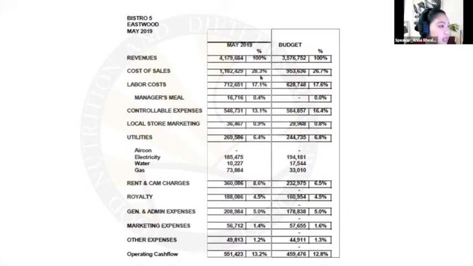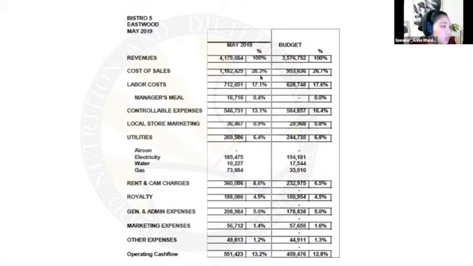Labor cost is at 17%, and we will also see the other detailed categories like controllable expenses, the marketing expenses, utilities, the rent, and CAM charges. Royalty would depend on your business or on your food service facility if you are paying royalty. General and admin expenses goes to the head office. So we have marketing and other expenses.